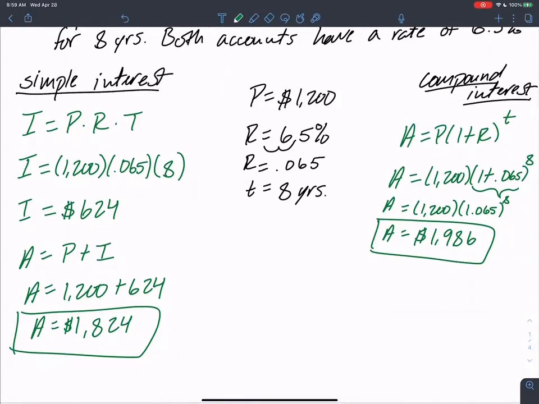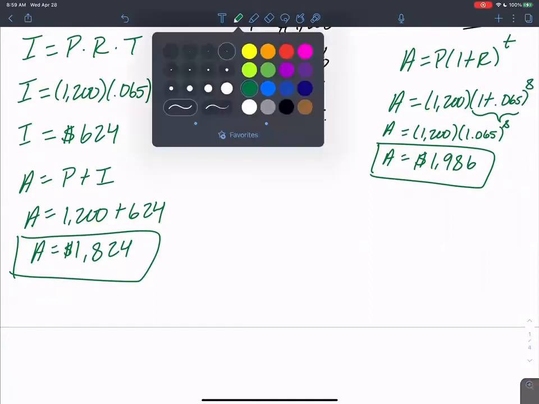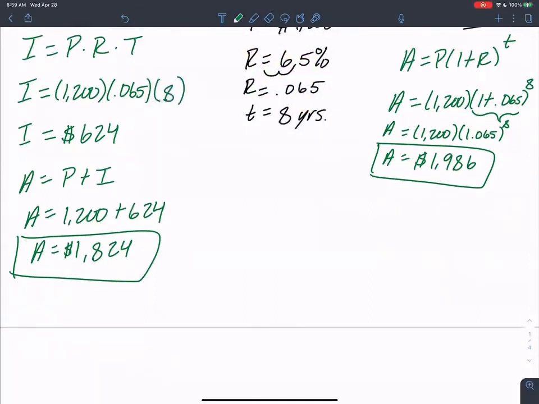Okay. So obviously compound. Then I'm gonna ask you, which account should Hope go with? You write your answer, and I'll write an answer for you so you can see it. Hope should choose. I can't spell.